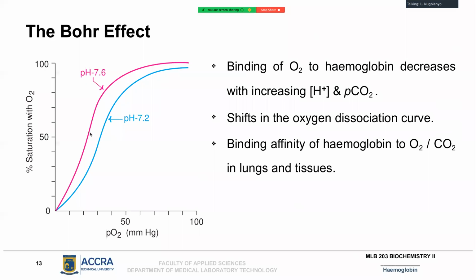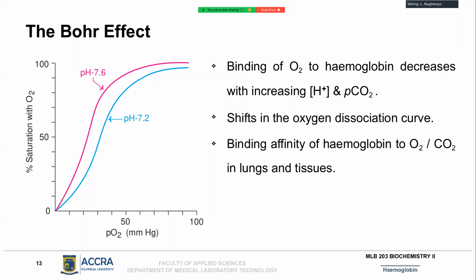And here you have lesser amounts of hydrogen ions. Now, when you come to the tissues, where you have higher amounts of protons, which means we are moving into a much more acidic pH, the affinity for oxygen is lesser.